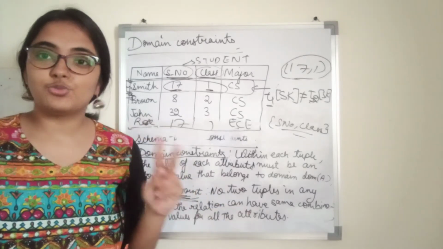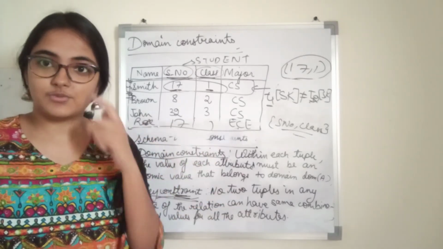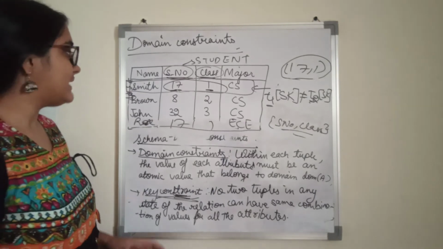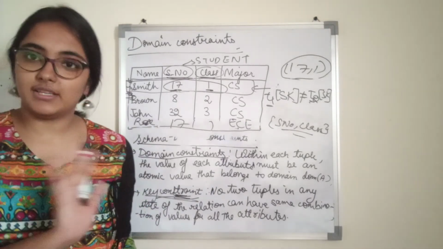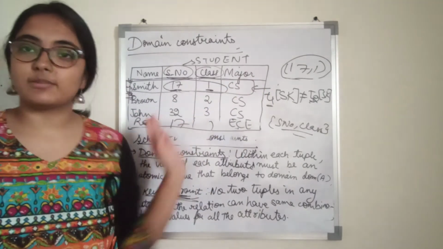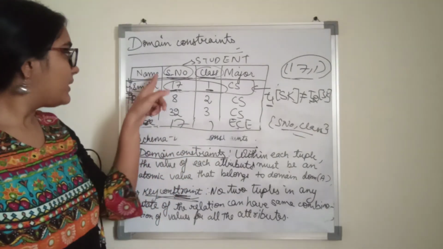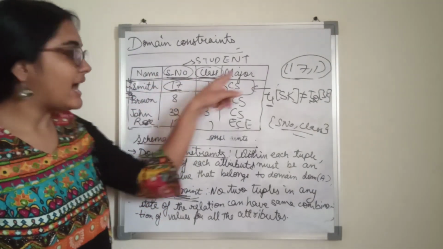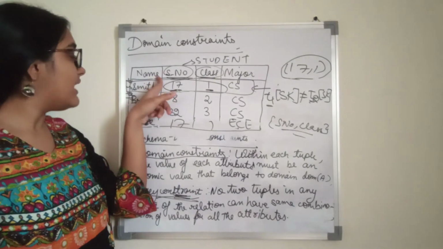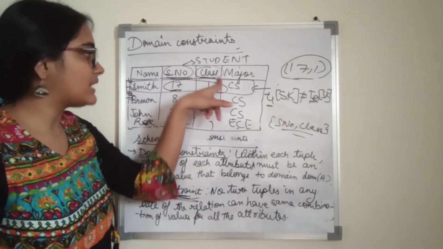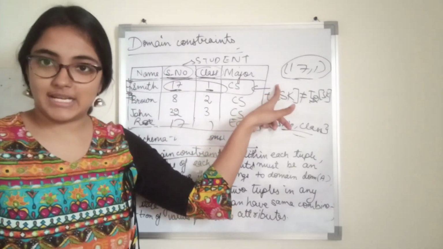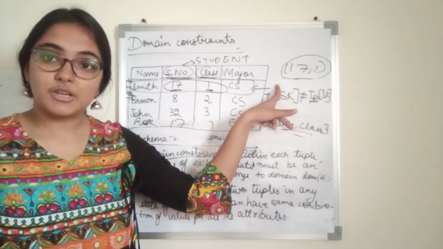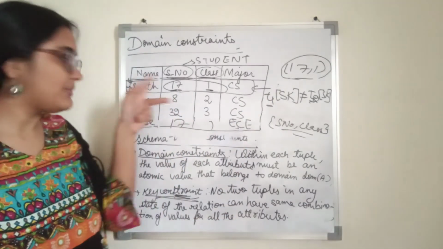How? Because no two tuples can have the same combination of values. What I mean to say is, if there is no super key in the relation, then I can say the set of all attributes is a super key. How? Because if I specify the values of all the attributes, name, SNO, class, major, then it should be able to uniquely identify a tuple. Why? Because no two tuples can have the same combination of values.